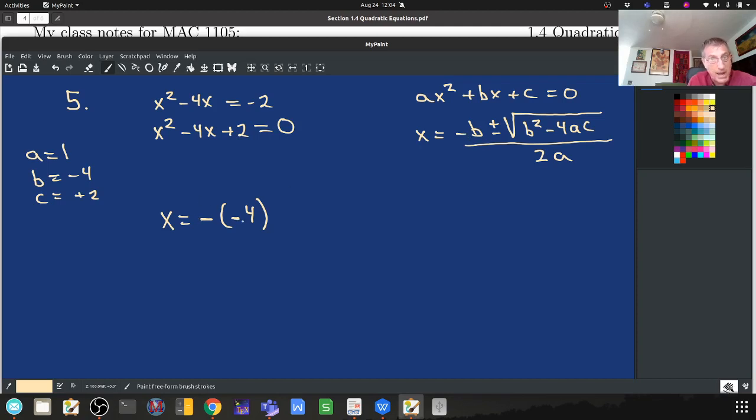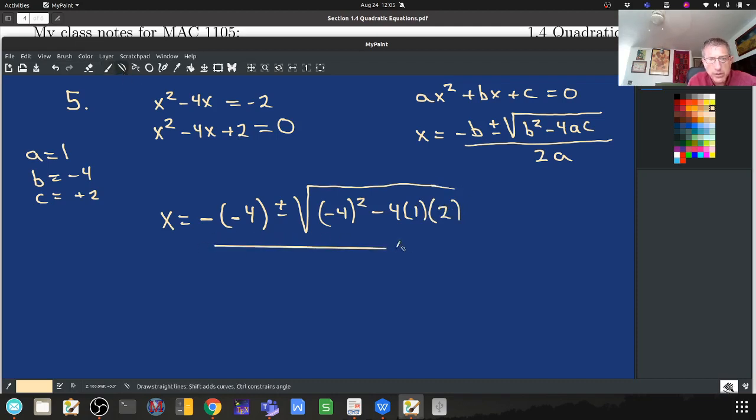So this is minus a minus. Then I do plus or minus the square root of b, which is minus 4, squared, minus 4 times a, which is 1, and c, which is 2, all of which is over 2 times my value of a, which is 1.